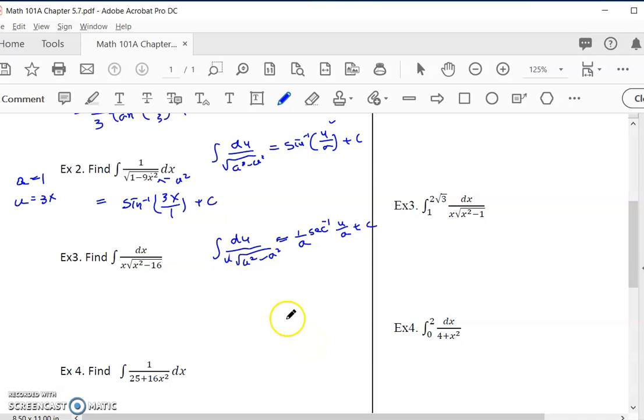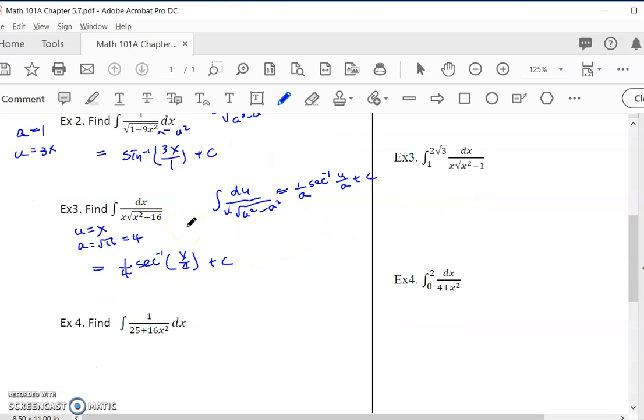Our u is just x, and a is the square root of 16, which is 4. Everything matches, so this integral is 1 over 4 arcsecant of x over 4 plus c. If you know how to match them, it should be fine.